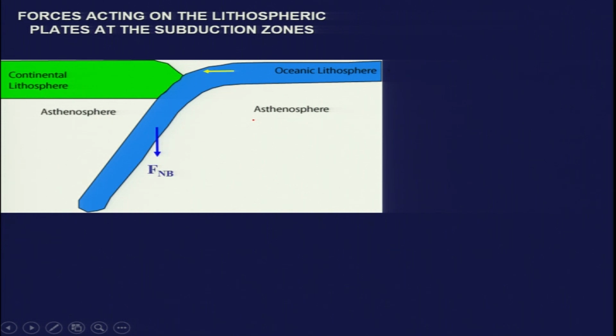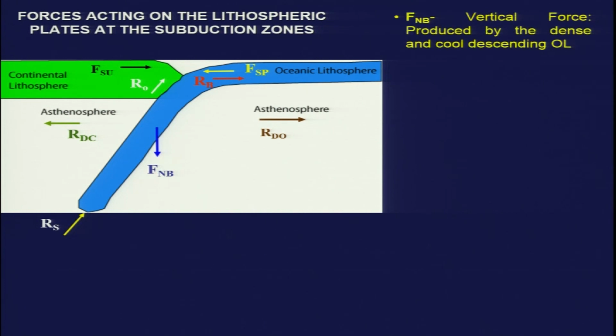We have a number of forces given here: vertical forces, slab related forces, and the resistive forces which act when the slab is being pushed down. Let's see how these forces are classified and how they affect the overall deformation.